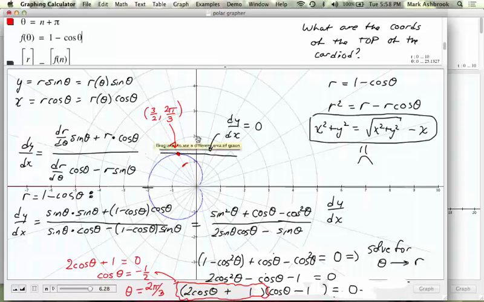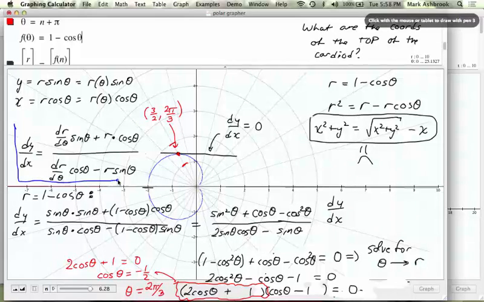How would you find the x and y coordinates at that point? Yeah, you got r and theta. You use your r cosine theta, r sine theta. So what we did right here is generic though for all problems, right?